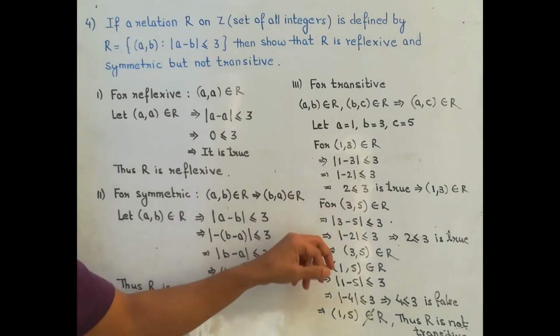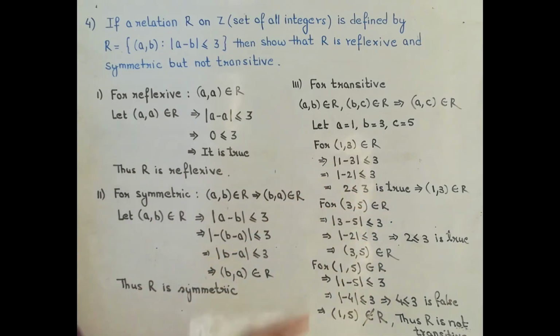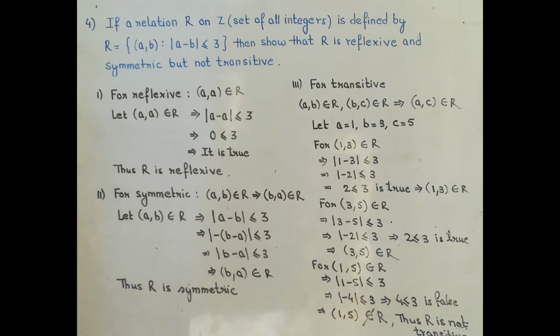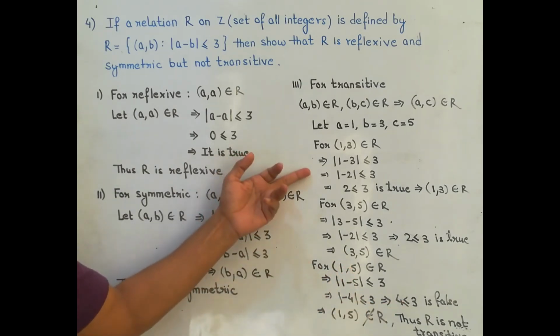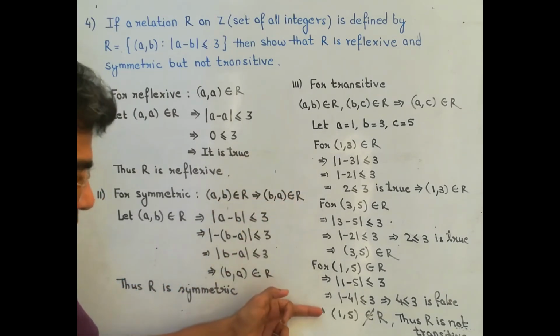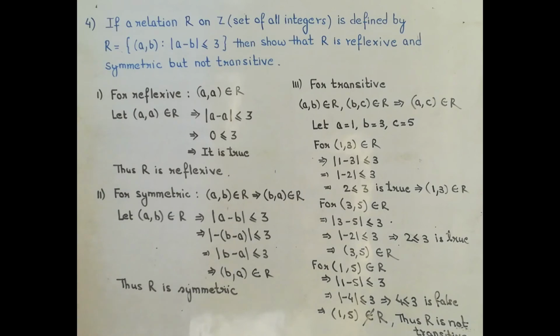For b comma c, again it is true, but for a comma c, it is not true. So a comma b belongs to R, b comma c belongs to R, but a comma c is not belonging to R. Thus the relation is not transitive. You can note down this.